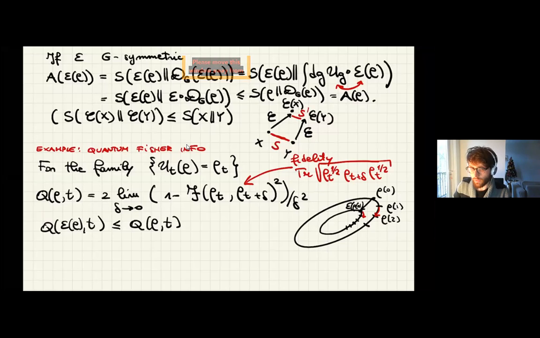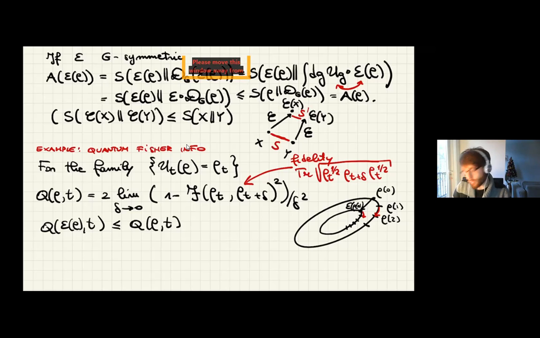So this is what's happening here, which kind of makes sense because we are capturing another aspect of the idea that coherence is being degraded. And we know that if you want to capture time information, you need a state that is not stationary, and being not stationary means to have a superposition of different energies. So to the extent that this superposition is being degraded by an operation that is time translation symmetric, then the state is losing its ability to encode time information. And this is why this quantum Fisher information is decreasing under these transformations.